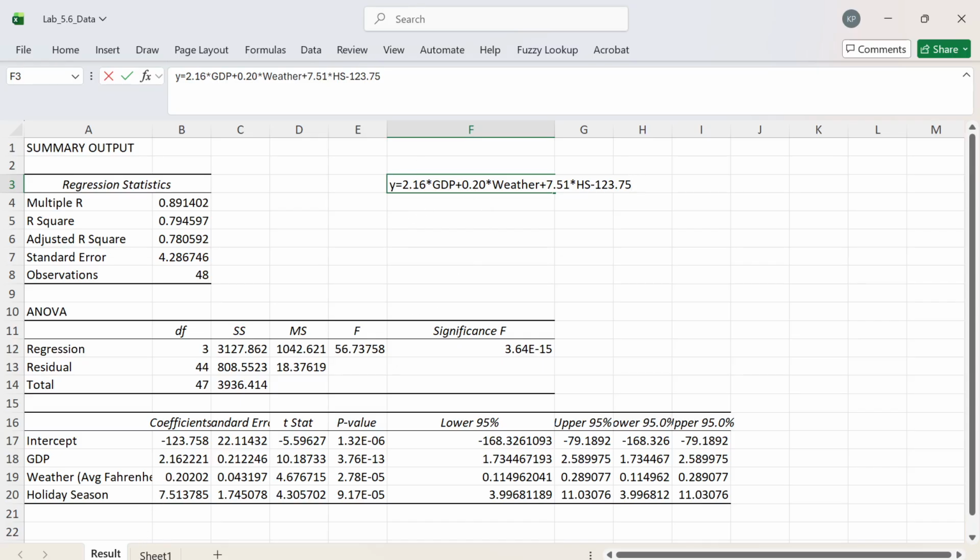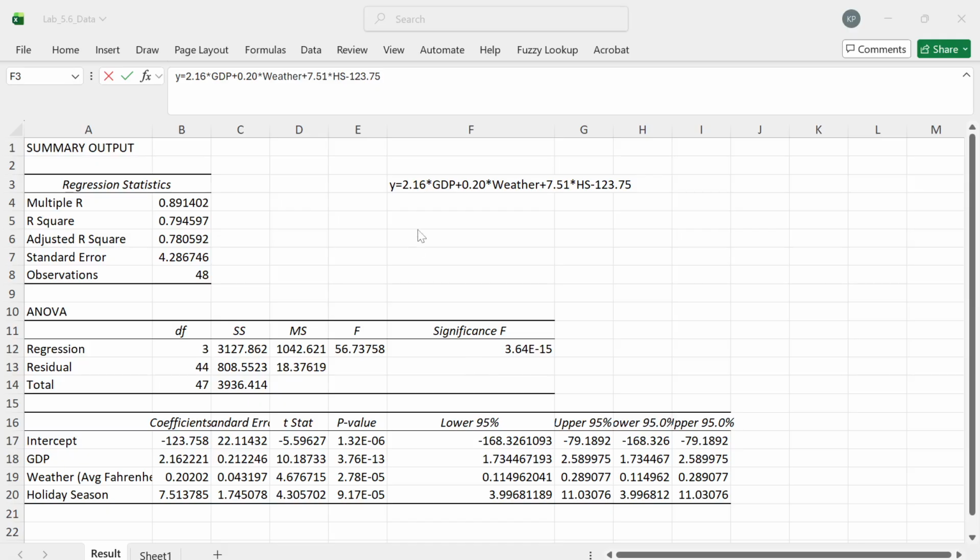This is the next coefficient, for weather, 0.20, and the coefficient for holiday season, abbreviated HS, is 7.51, and the intercept is, please pay attention, negative, minus 123.75. So you can see GDP, weather, holiday season and the intercept, and you can calculate, and this is the formula for multiple linear regression.